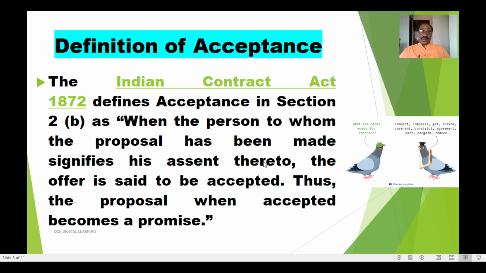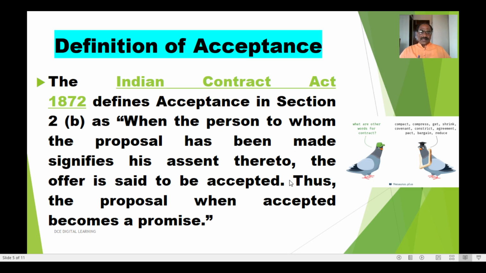So therefore here there is an offerer and there is an offeree, and the offer is by the offerer, and here there is an assent by the offeree. That assent is nothing but the acceptance for that offer.